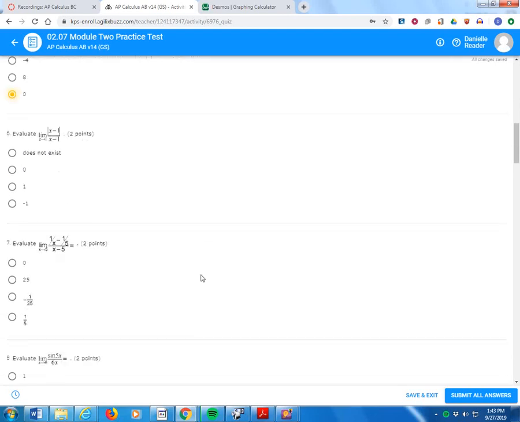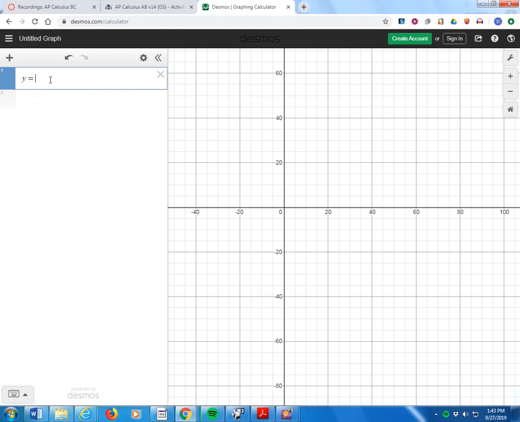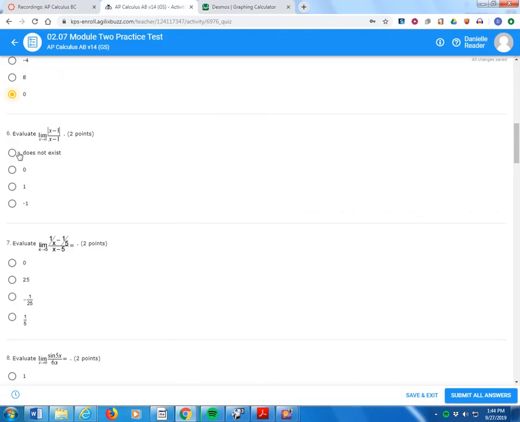Evaluate the limit of the absolute value of x minus 1 divided by x minus 1 as x approaches 1. So I'm going to go ahead and graph this one. Okay, and this is as x approaches 1.